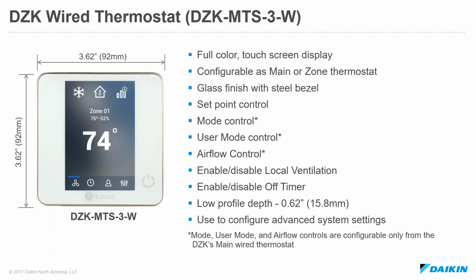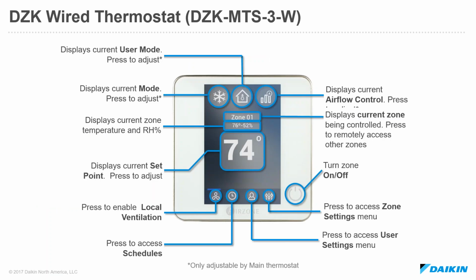We can enable or disable an off timer. And we can use any of the wired thermostats to configure the advanced system settings of the DZK. Now, I'm not going to go through the complete overview of all of the different icons that are part of the screen of the wired thermostat, but I just want to reiterate, those top three icons on the display represent the mode, the user mode, and the airflow control.